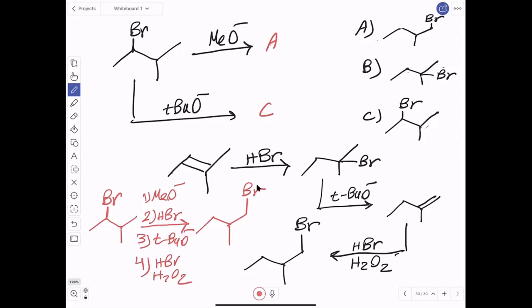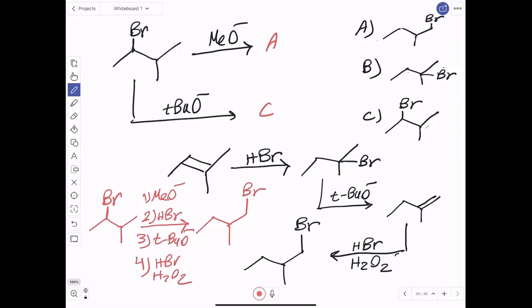Question. And this is called synthesis, right?